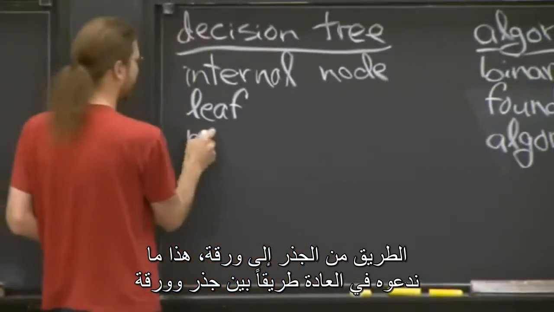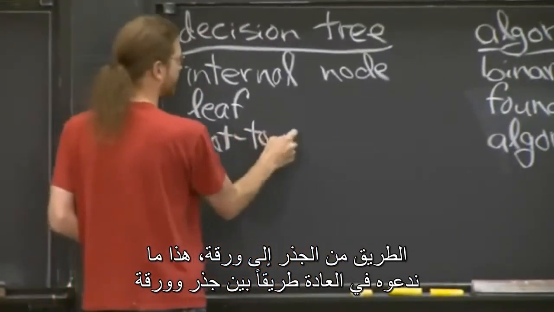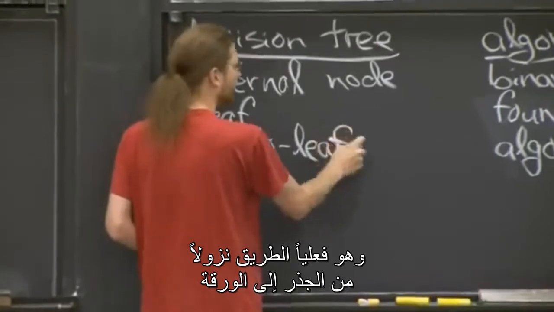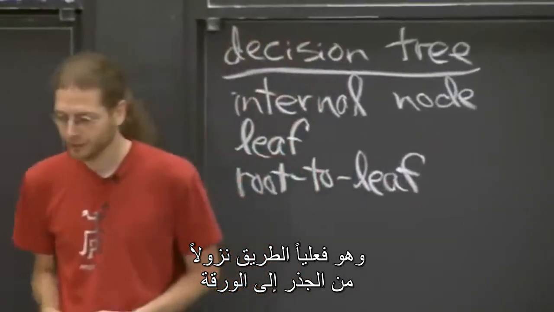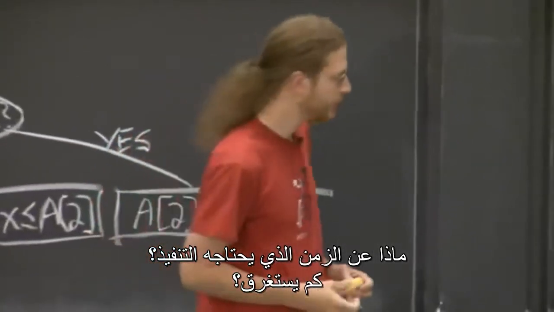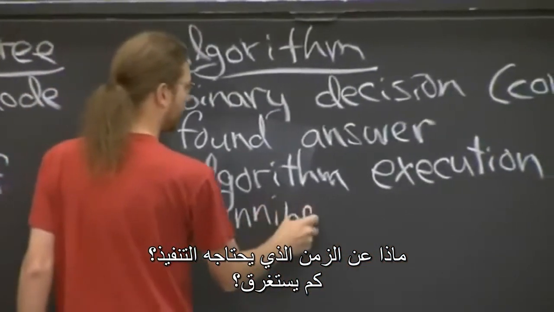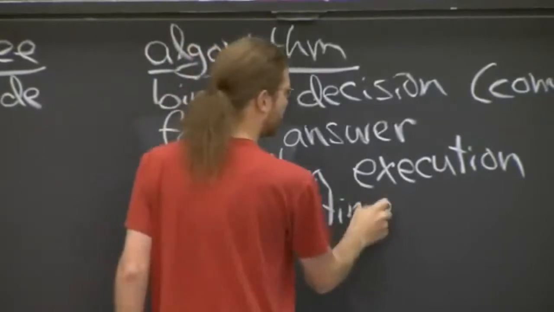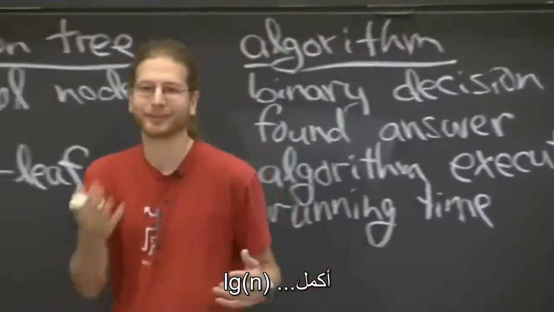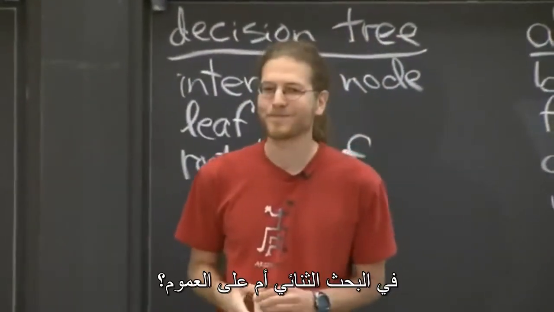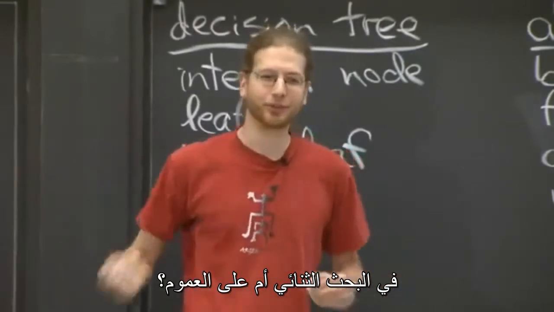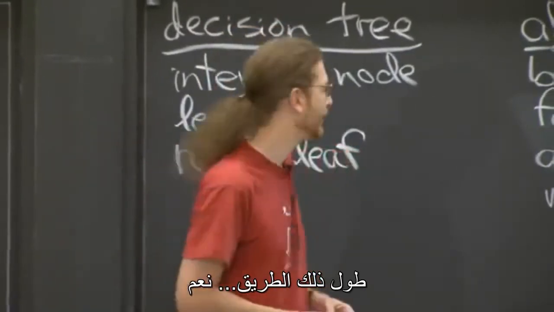This is what I normally call a root to leaf path. Technically a downward root to leaf path. Good. How about the running time of that execution? How long did it take? Keep going. Log n. Log n in binary search, but in general? The length of that path, yeah.